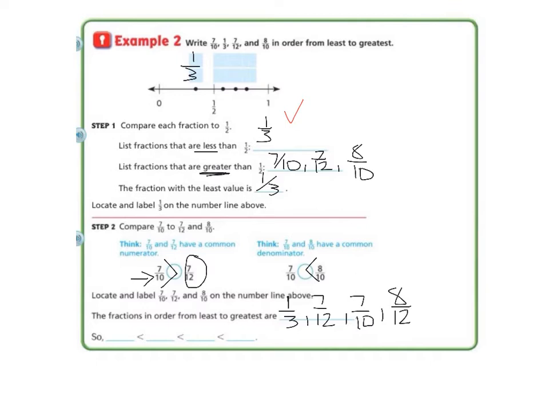So we can write them in order down here at the bottom. 1/3 is less than 7/12 is less than 7/10 is less than 8/10. So now we have all of our fractions in order from least to greatest.